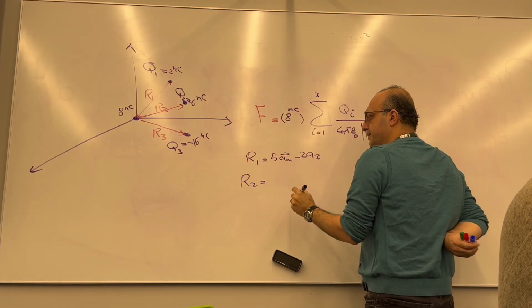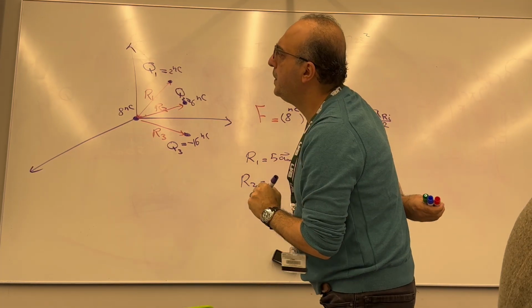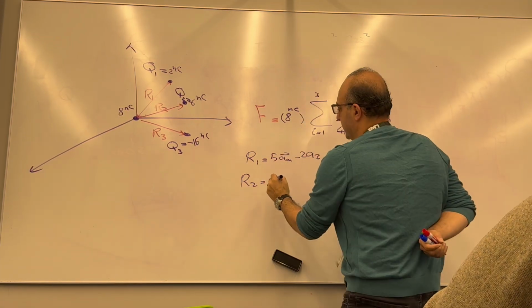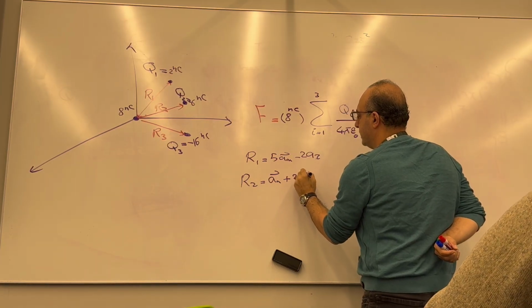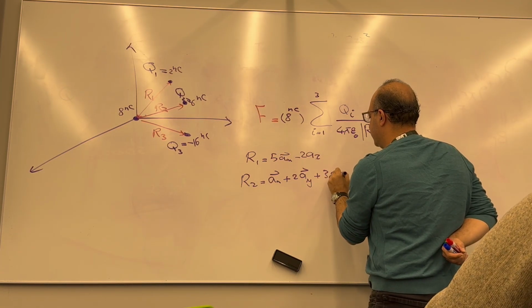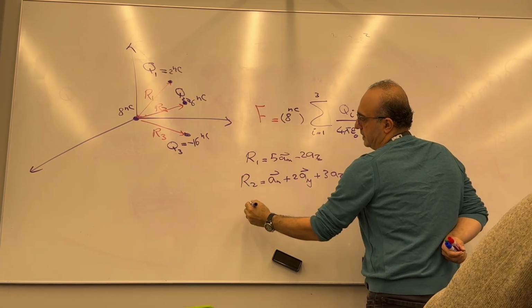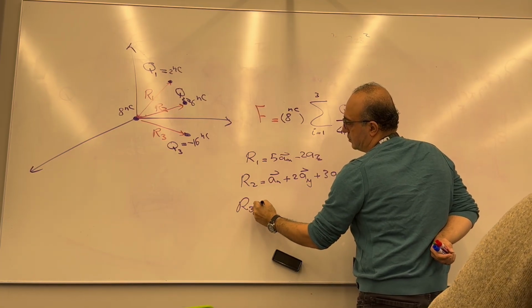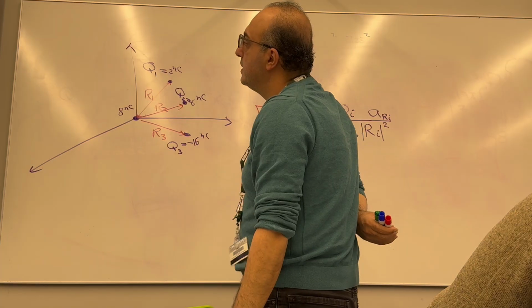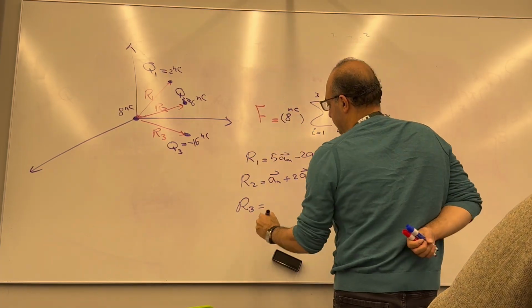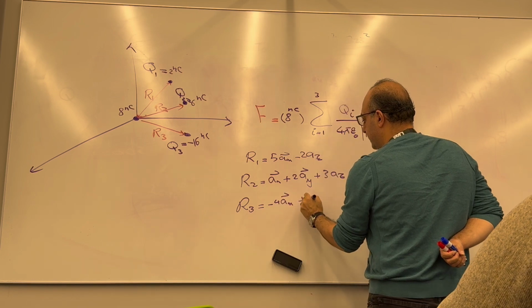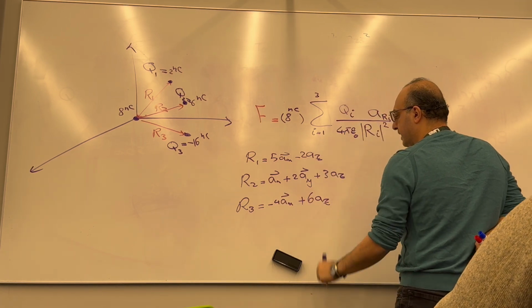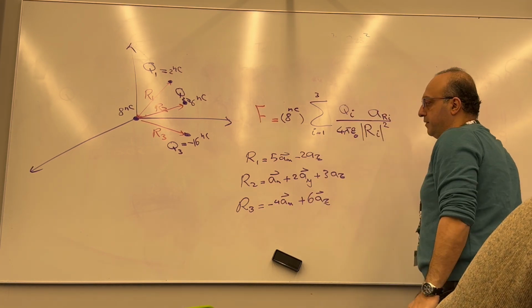R2 equals 1, 2, 3. AX plus 2AY plus 3AZ. R3 equals minus 4 and 6. Minus 4AX plus 6AZ. It doesn't have AY.